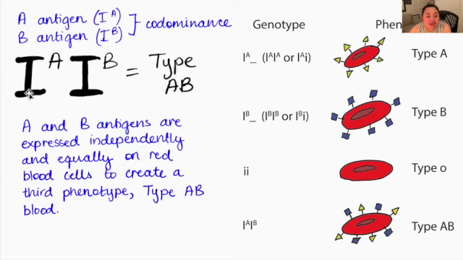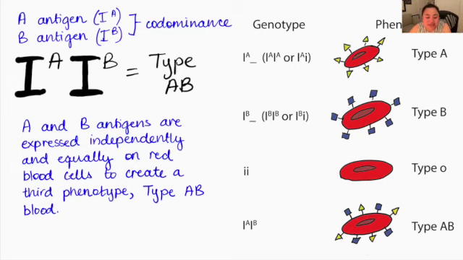So in the heterozygote, both A antigen, IA, and B antigen, IB, are expressed together equally and independently in the phenotype. So the result of codominance is red blood cells presenting both A and B antigens on its surface, producing type AB blood.